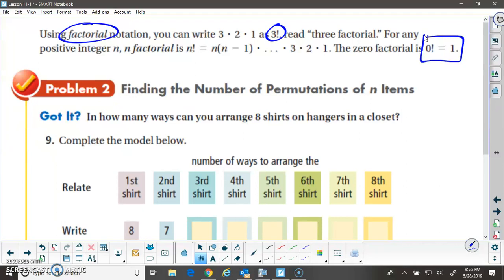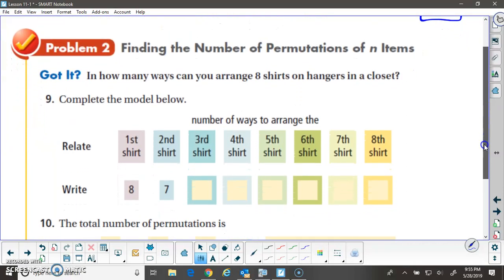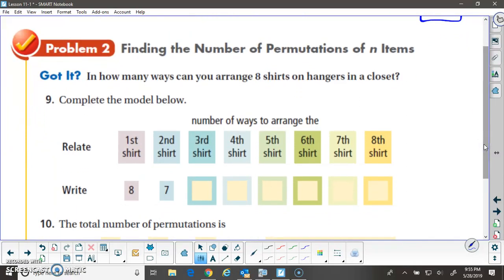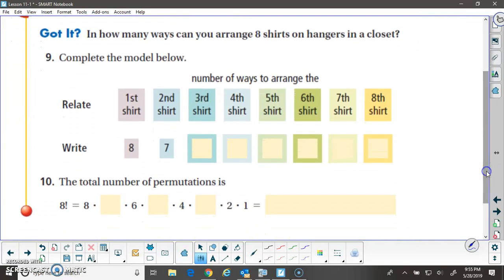Let's go on to problem number 2, finding the number of permutations of n items. How many ways can you arrange 8 shirts on hangers in a closet? So think about this multiplication counting principle. So the first shirt, you got 8 different shirts to choose from for that first hanger. Then you got 7 different shirts for the second, then 6, then 5, then 4, then 3, then 2, and then 1.